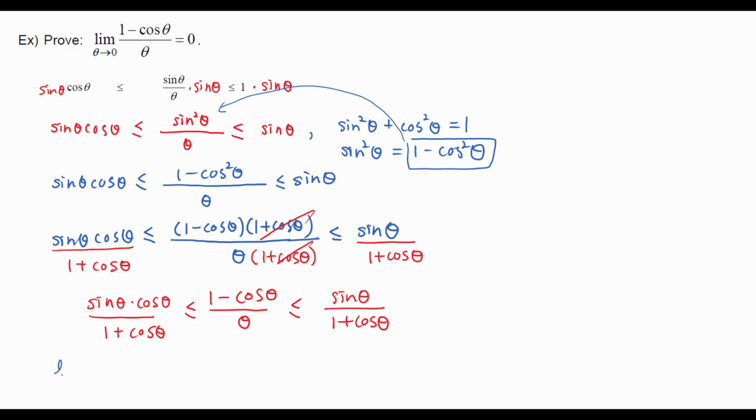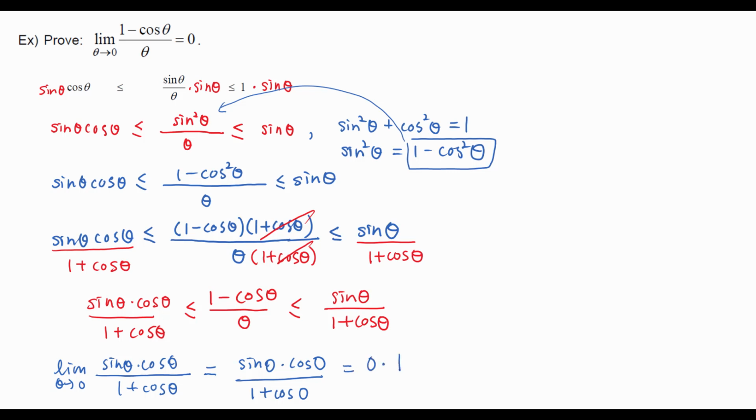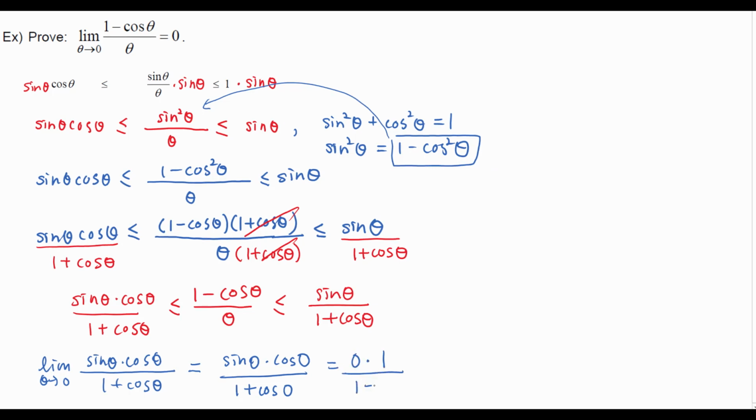So let's find the limit as theta approaches 0 of sine theta cosine theta over 1 plus cosine theta. We're going to do direct substitution and replace theta with 0. I will get sine of 0 times cosine of 0 over 1 plus cosine of 0. Sine of 0 is 0, cosine of 0 is 1, over 1 plus 1, which is equal to 0 over 2, which is 0.